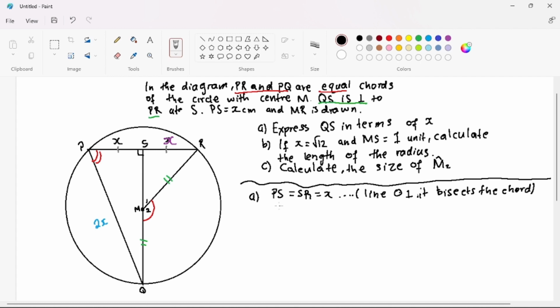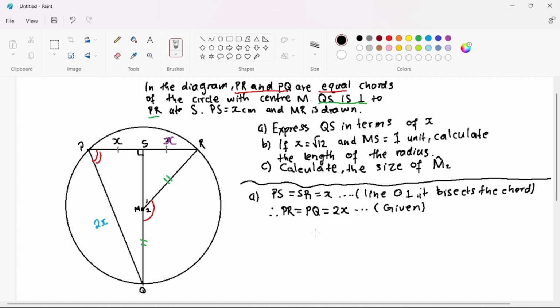And after stating this, you can say that therefore PR is equal to PQ, our reasoning is going to be given. And then it's equal to 2x, we are going to say given.